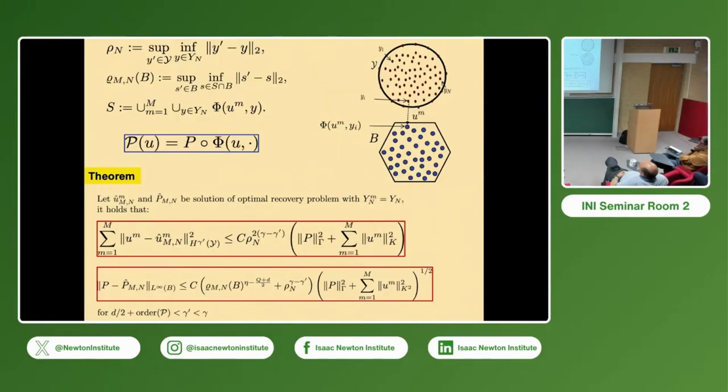Here you have the same term, but you have another term. Here you have the power of the mesh norm between the partially observed input points of P. And again, the power here corresponds to the gap between the assumed regularity of P and the strength of the norm being used to recover P, which is here the sup norm.